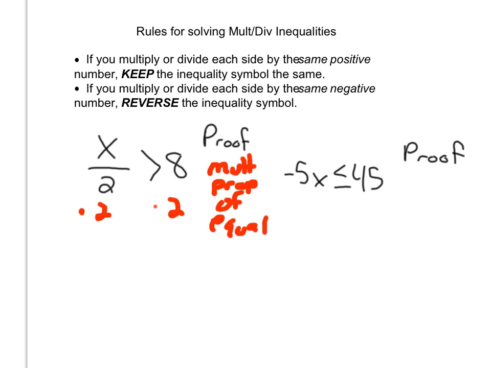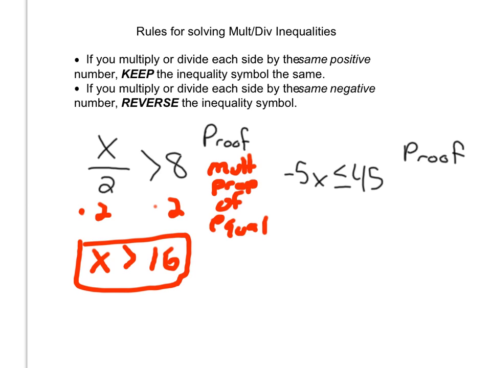Okay? I'm going to get x, and 8 times 2 is 16. Now I have to decide, did I multiply and divide by the same positive or negative number on both sides? Well, I multiplied by a positive on both sides. My work I did was a positive on both sides. So this sign stays the same. So it's x is greater than 16. Okay?